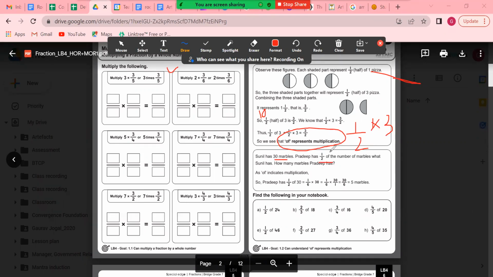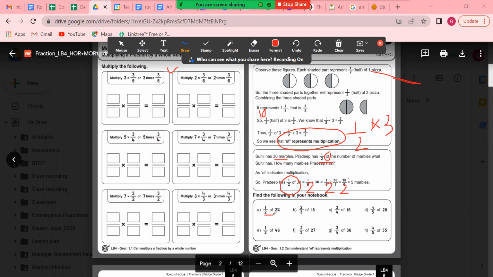Pradeep has half of the number of marbles that Sunil has. So half of 30 is half into 30. This half into 30 will become 30 divided by 2, which is 15. So always remember, of means multiply, times means multiply.